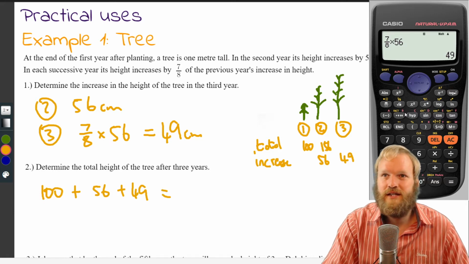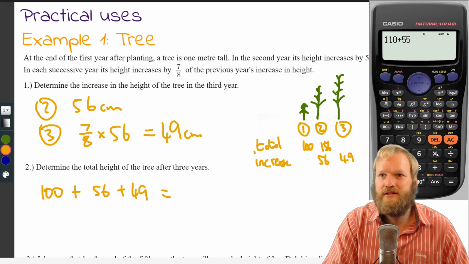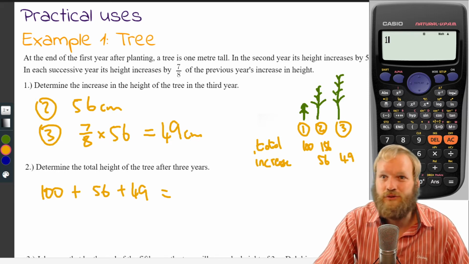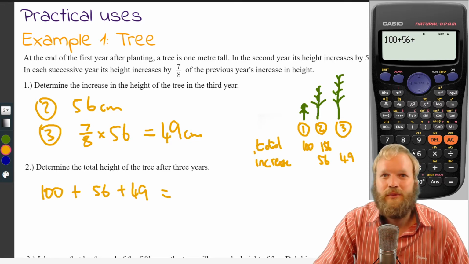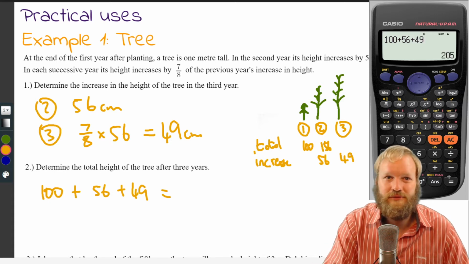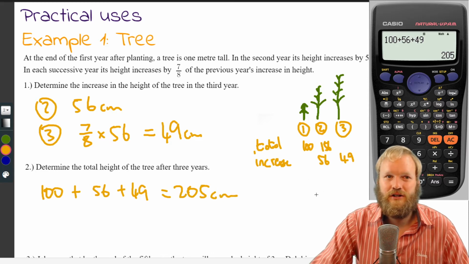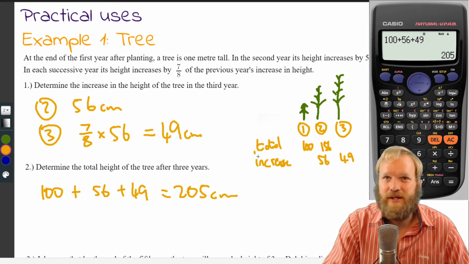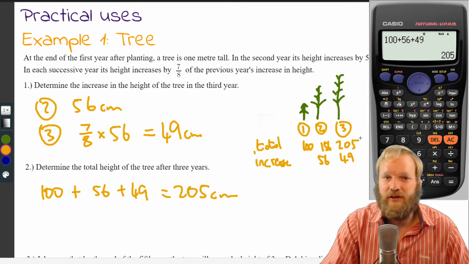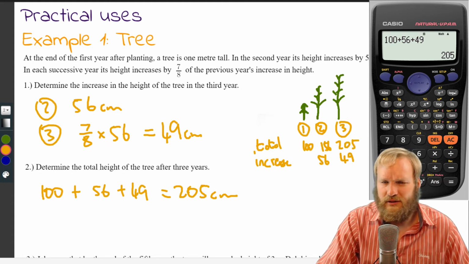So 100 plus 56 plus 49 equals 205. So, in other words, it's 205 centimeters altogether after the third year.